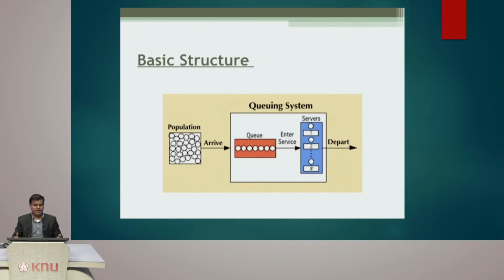But if I say the number of customers in the queue, it just represents those who are waiting in the queue, that's here. If I say the number of persons in the queue, it includes just the queue part, but the number of persons in the system includes the whole system.